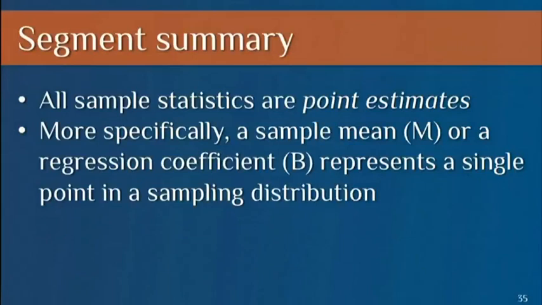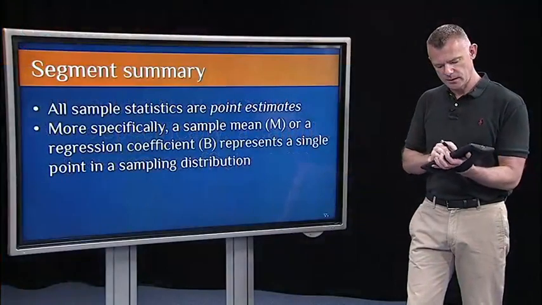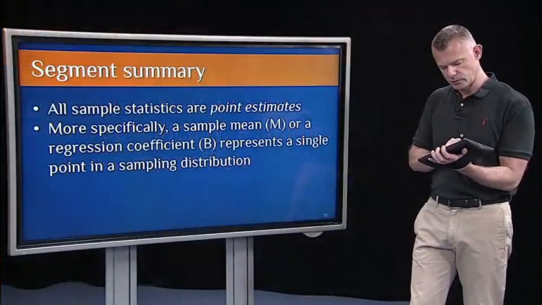So again, to wrap up this segment, it's the same summary as the first segment. It's this very important point that all sample statistics, not just means, but correlation coefficients, regression coefficients, anything else you take away from one sample, they're just point estimates. And that means they just reflect one point on this idea of a sampling distribution.